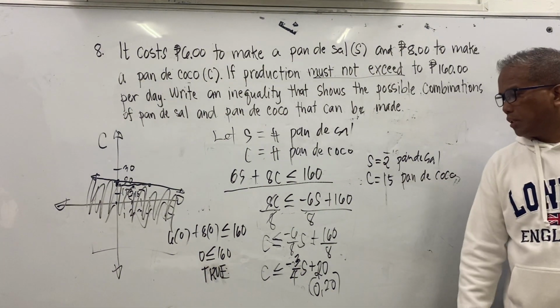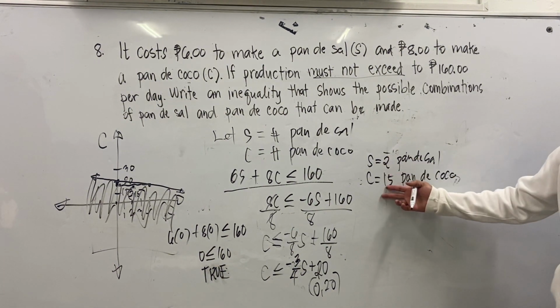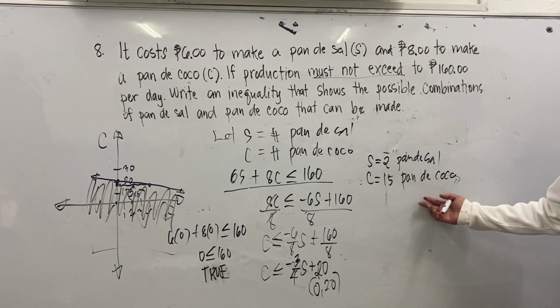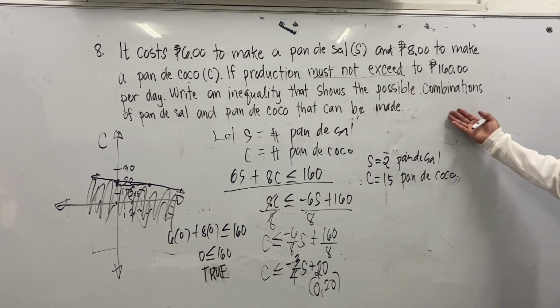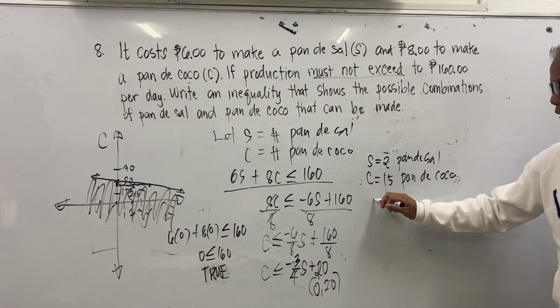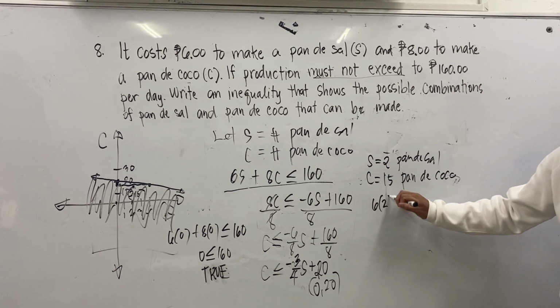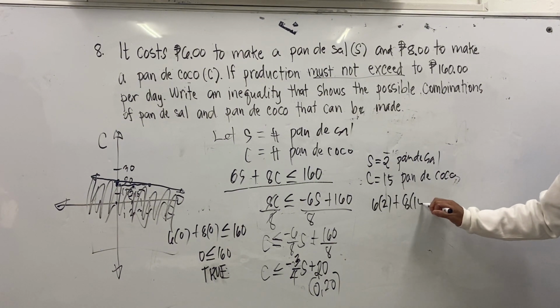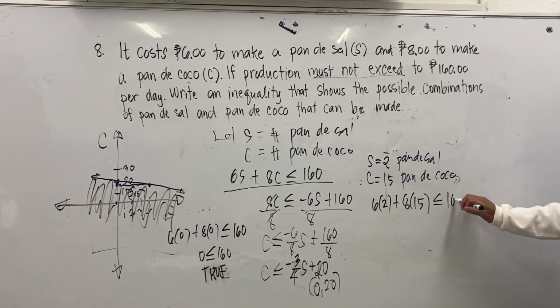Okay, now substituting these 2 pandesal and 15 pan de coco, let's check if the combination is correct. We have 6 times 2 plus 8 times 15 less than or equal to 160.